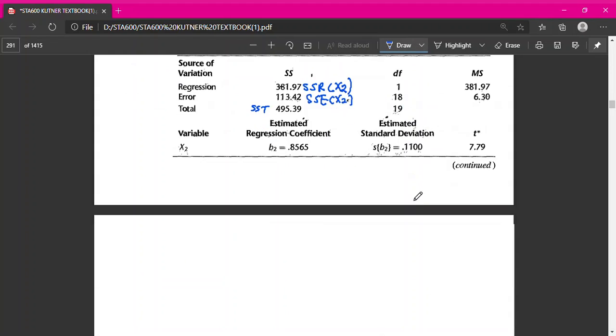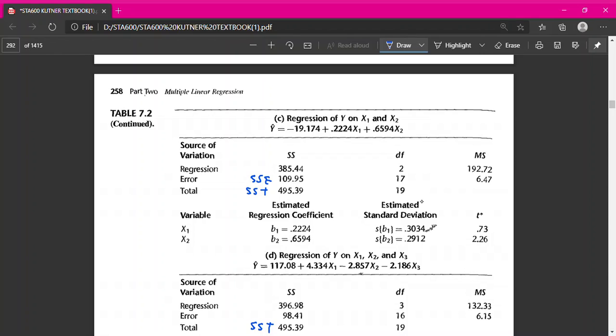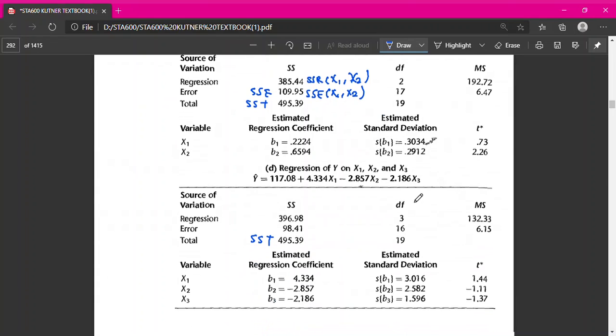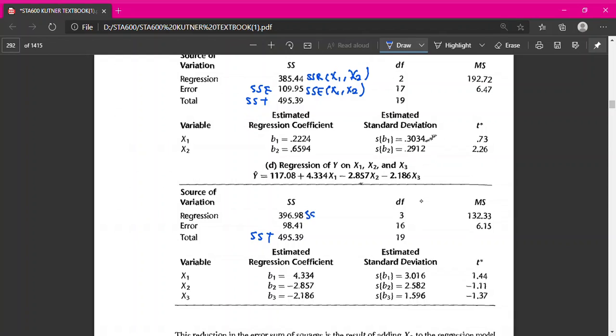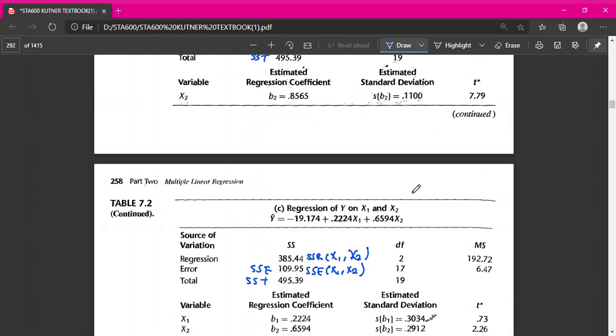Okay, so kalau di sini kita akan tulis SSR x1, x2 because of we regress y on x1 and x2. Okay, so here kalau kat sini SSR x1, x2, x3.